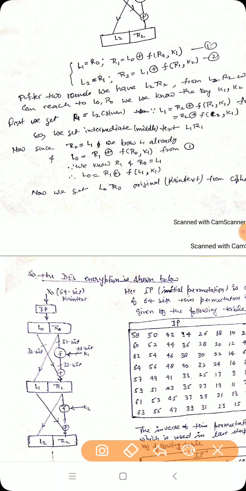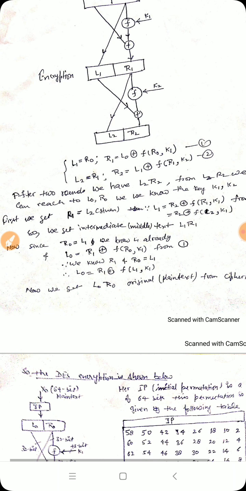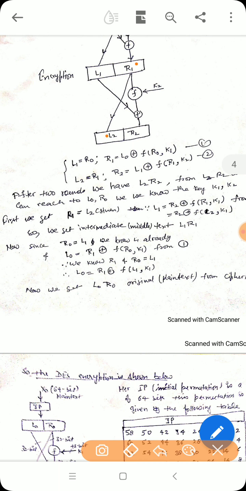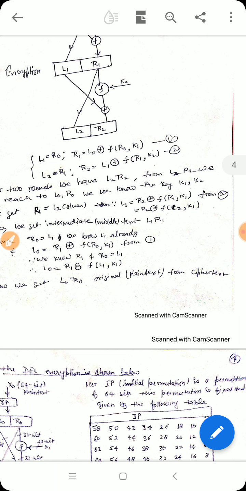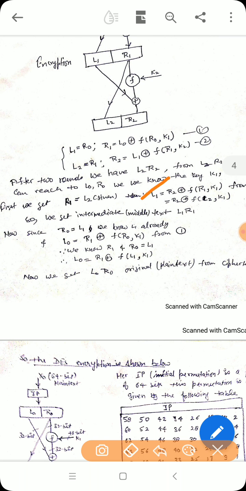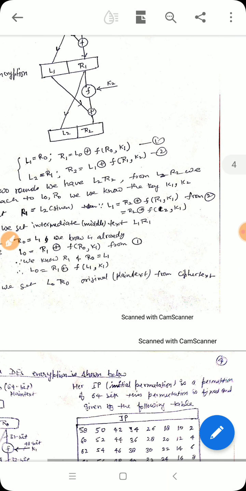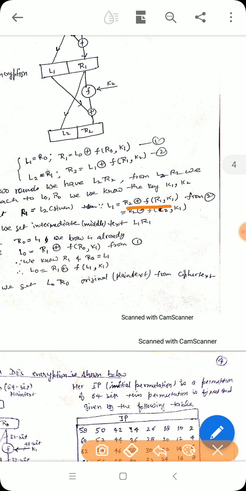R1 is equal to L2, and from equation 2 we can see that L1 is equal to R2 XOR f of R1 comma K2.